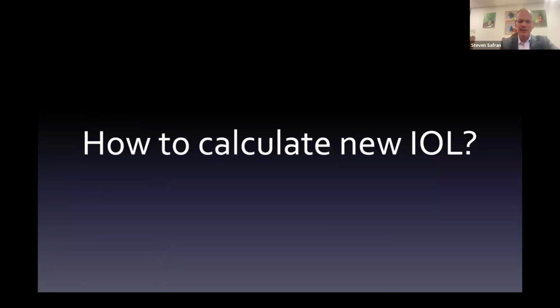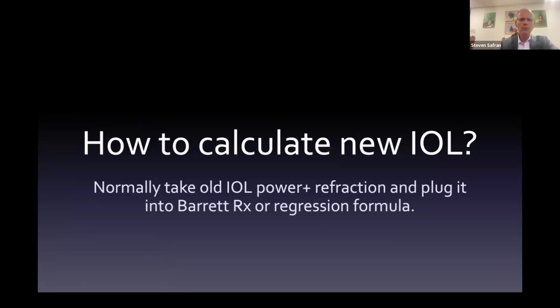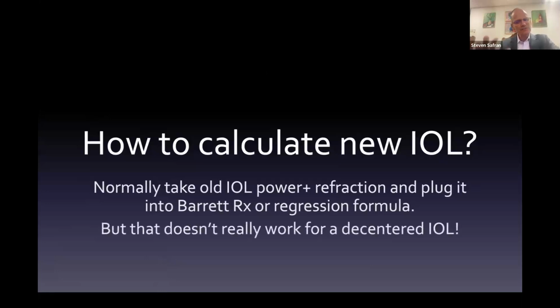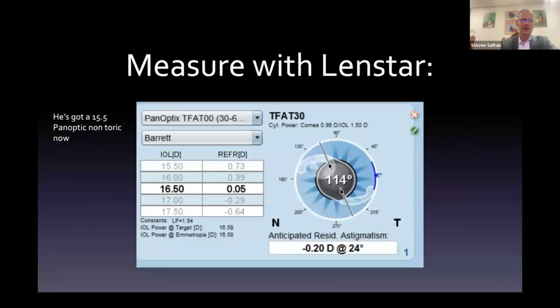So how do we calculate the new lens in this eye if we're going to do something about this? Well, normally we take the old IOL power and the refraction and plug those into a regression formula, Barrett RX. But that doesn't really work that well for a decentered IOL because the patient's not looking through the center of the lens.